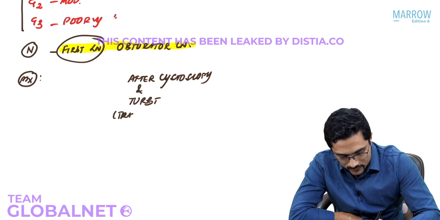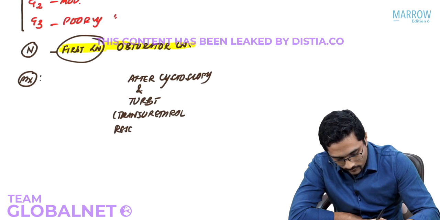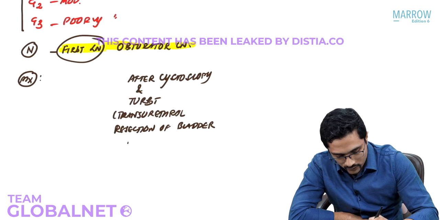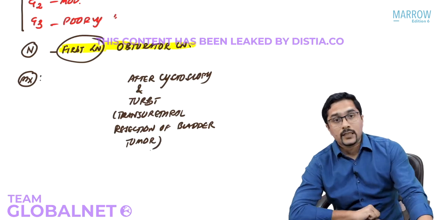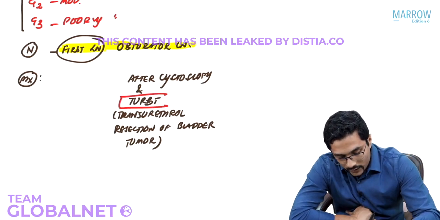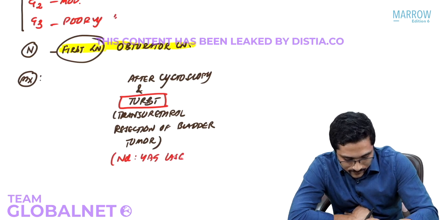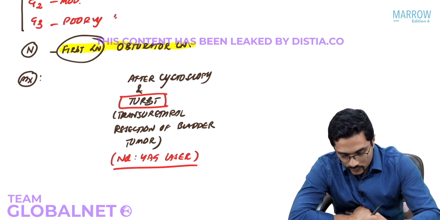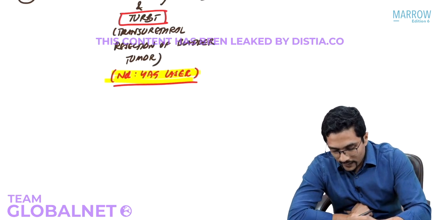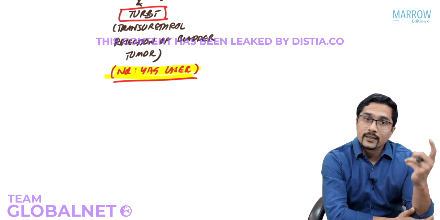TURBT is transurethral resection of bladder tumor, and TURBT can either be done using a cautery or you can use an Nd:YAG laser for this. This has also been asked, which laser is used for bladder? Nd:YAG laser. So once we've done this, that is when I'll send the tissue to the pathologist and I'll get to know the T stage.